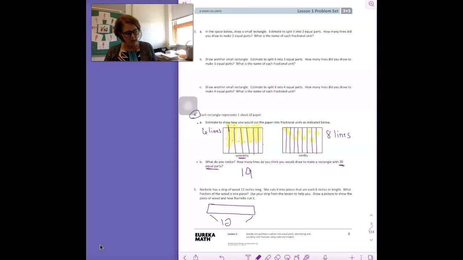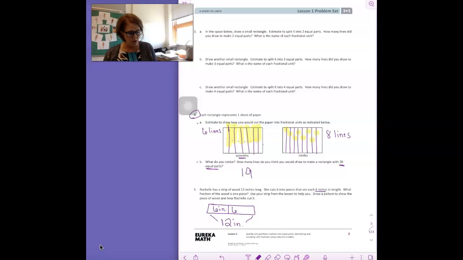I know that she had 12 inches of wood. She cut one part into 6 inches, and she wanted each piece to be 6 inches long. So if I know the total on my tape diagram is 12, and I take the 6 away that I already know I have, how many pieces can I get? 2.